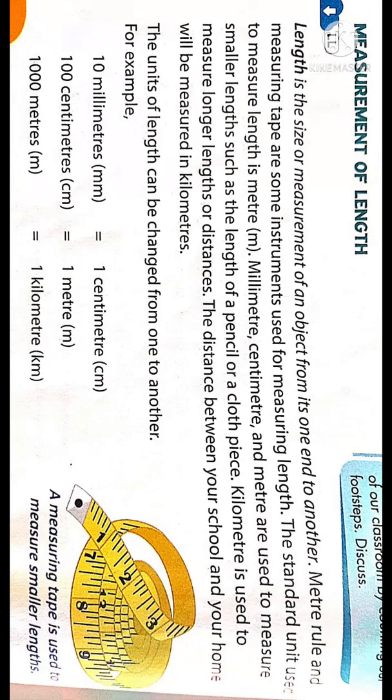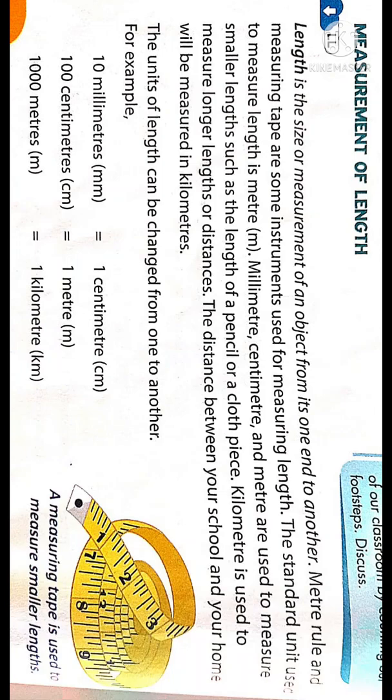Millimeter, centimeter and meter are used to measure smaller lengths such as the length of a pencil or a cloth piece. Kilometer is used to measure longer lengths or distances. The distance between your school and your home will be measured in kilometers.